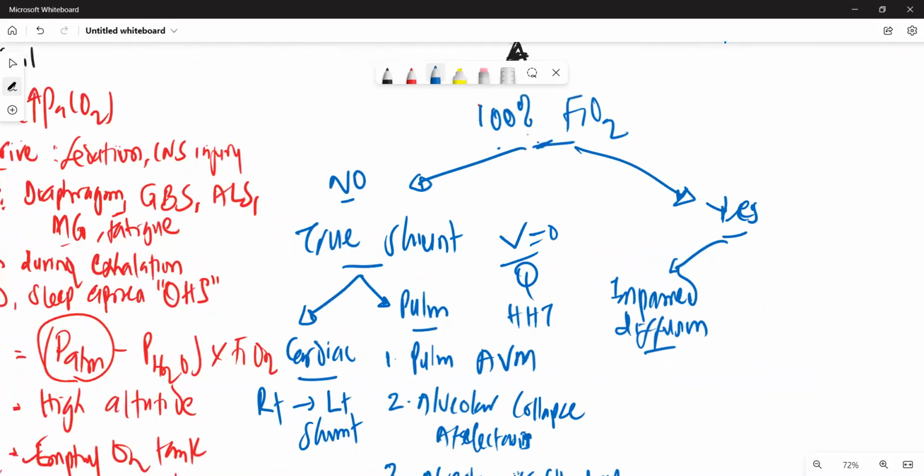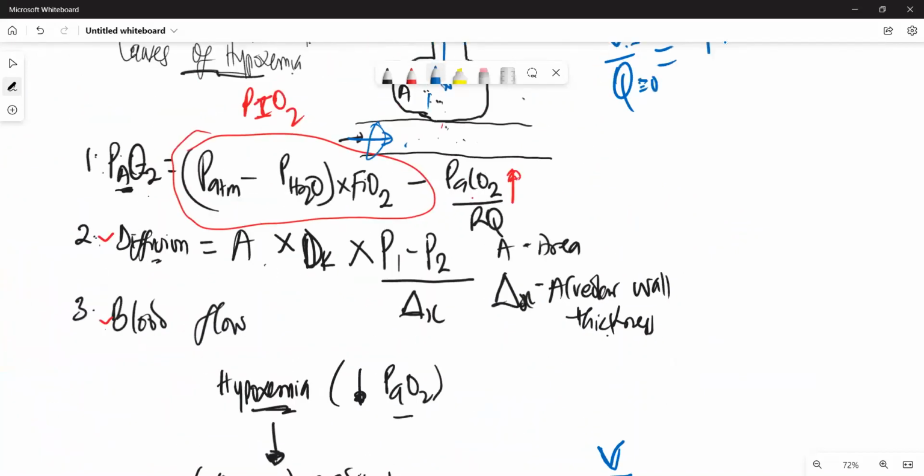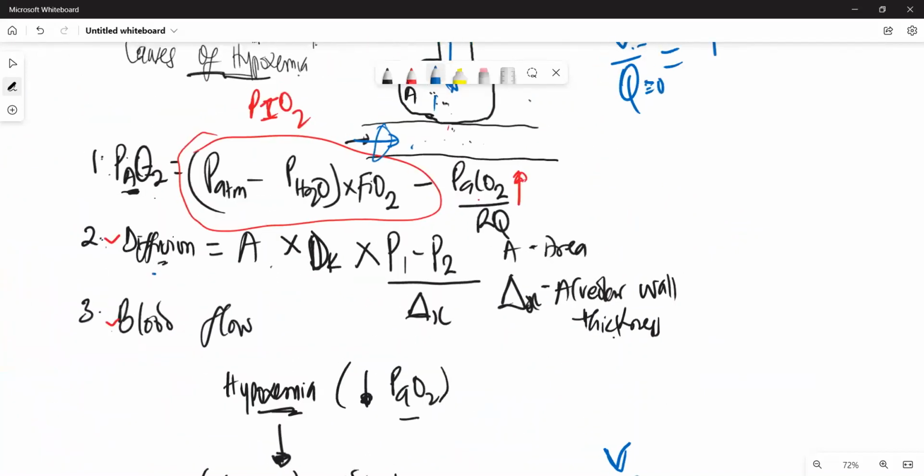And if you go to our formula with diffusion, remember I mentioned earlier, there are 2 things that we need to remember about our formula with diffusion. Diffusion is directly proportional to the surface area and inversely proportional to the alveolar wall thickness. So if the alveolar wall thickness is increased, if the wall is really thick, that would create a problem for the oxygen to diffuse through.